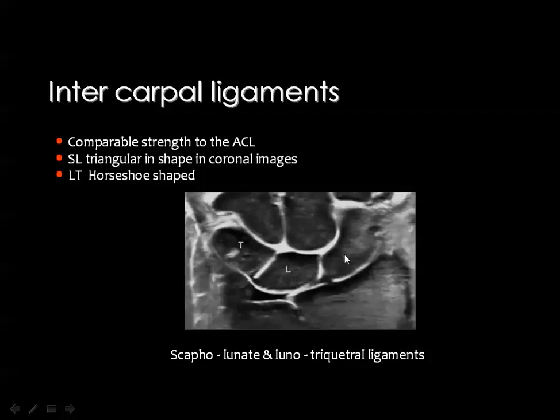Between the scaphoid and lunate, there is an important ligament which is known as the scapholunate ligament. This scapholunate ligament is pyramidal in shape and is insinuated between both bones. Also, there is a small ligament between the lunate and the triquetrum, and this is the lunotriquetral ligament. This ligament is horseshoe in shape, and many times it is absent, and this is considered a normal variant.